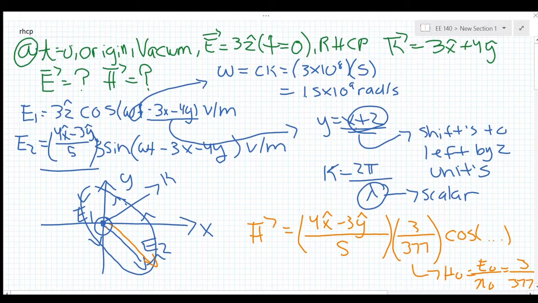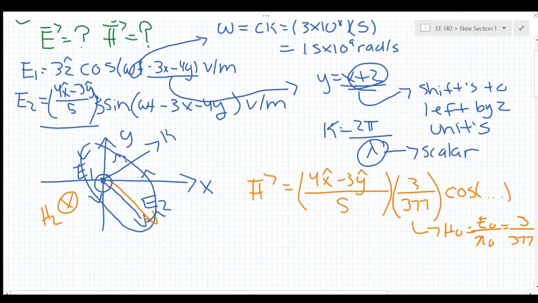And then let's find our H2. Since E2 is in the fourth quadrant and k is in the first quadrant, H2 would end up going into the board. If you use your right hand, E2 as one finger and then H2 will give k.